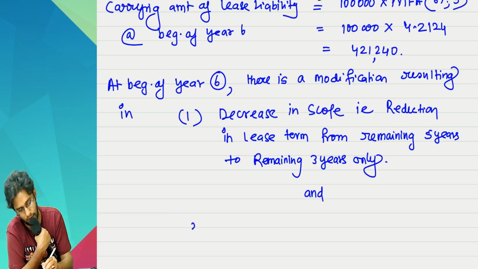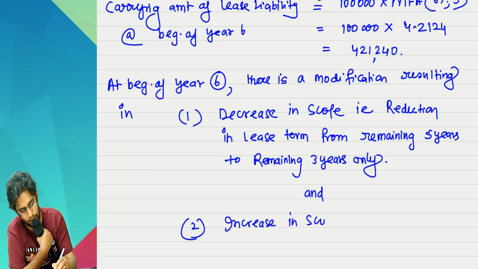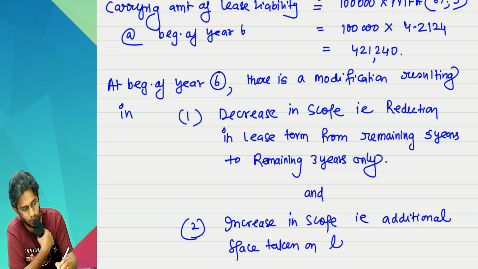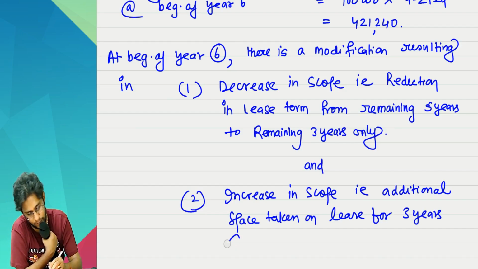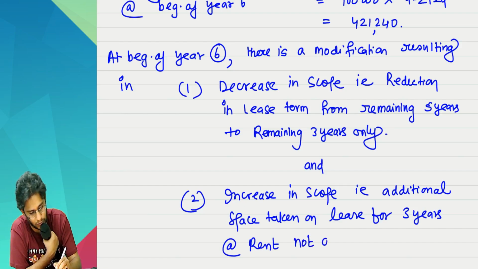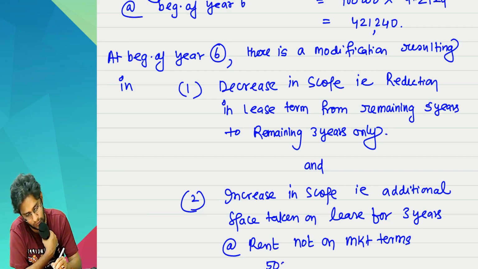And two, an increase in scope: additional space taken on lease for 3 years at rent not on market terms, 50,000 per annum.